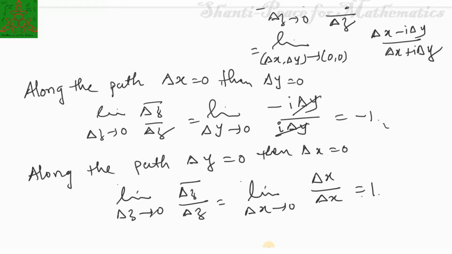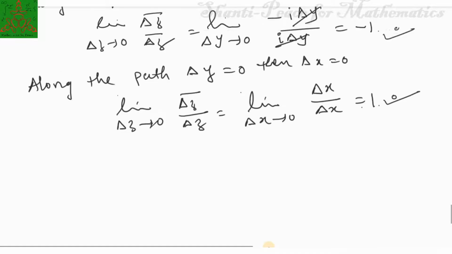One time we'll get minus 1, other time we'll get 1. So therefore, the limit does not exist, and so the given function is not differentiable at the point z0. That z0 is any arbitrary point. So we can say that f of z is not differentiable at any point. So it is a nowhere differentiable function.